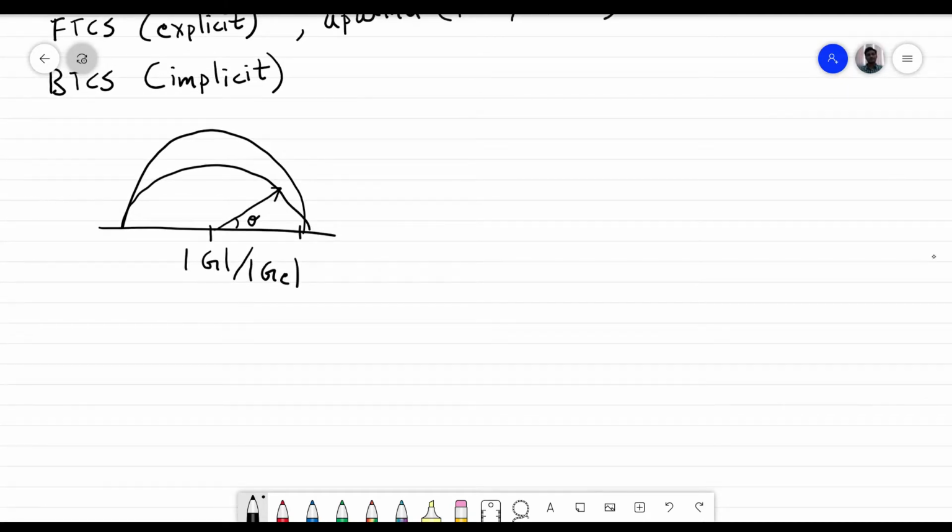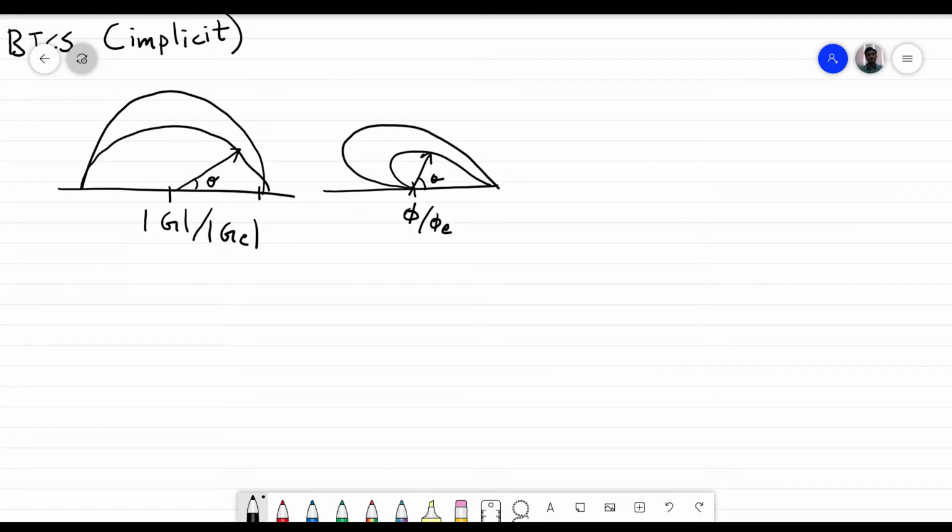And also we did a similar thing for the relative phase phi by phi e, and we got some graphs for theta values. So generally we will have all theta values ranging from 0 to pi or 0 to 2 pi.